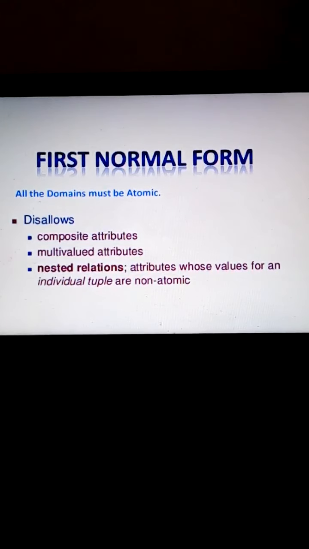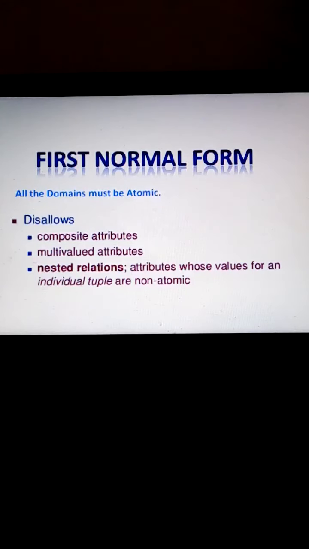So making one single column for name will not follow the rule of first normal form, because this name information can be further broken down into three different parts like first name, middle name and last name. That is why this name attribute is not atomic by nature. So as per the first normal form, we have to take care of the atomicity of the domains.